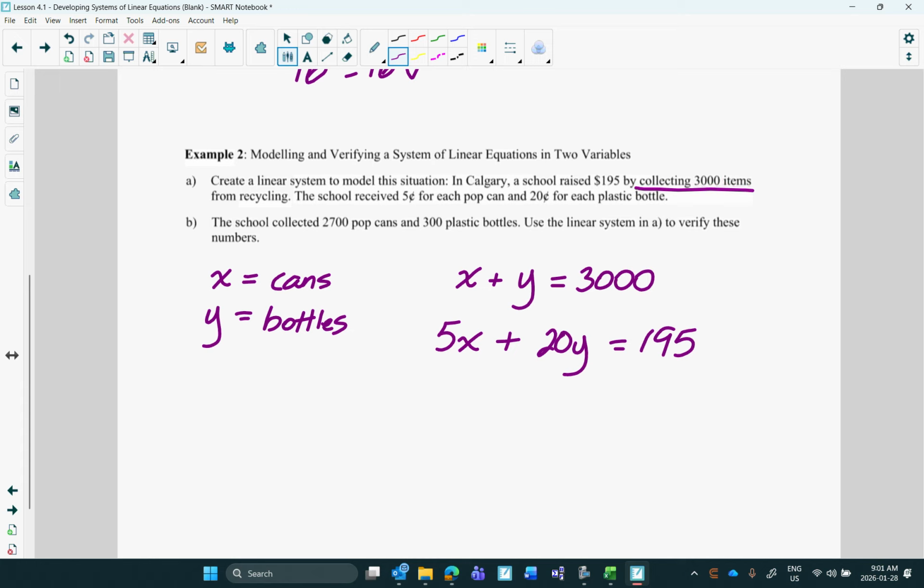How do you convert $195 to figure out how many cents that is? Times by 100, right? Because $2 is 200 cents, $5 is 500 cents. I keep timesing by 100. So I have to times this by 100. And when I do, I get this. So that's the challenging part of making that equation.